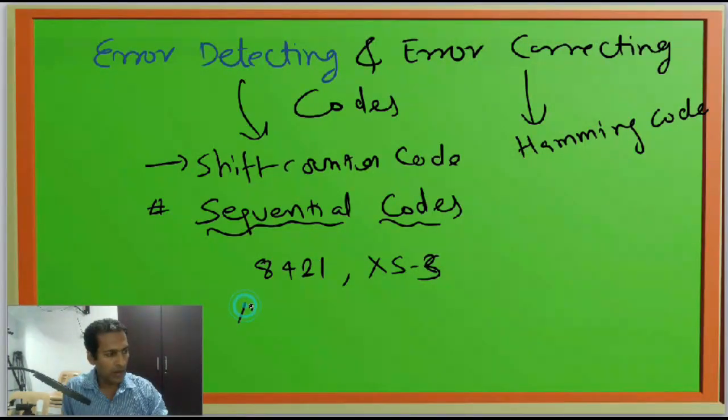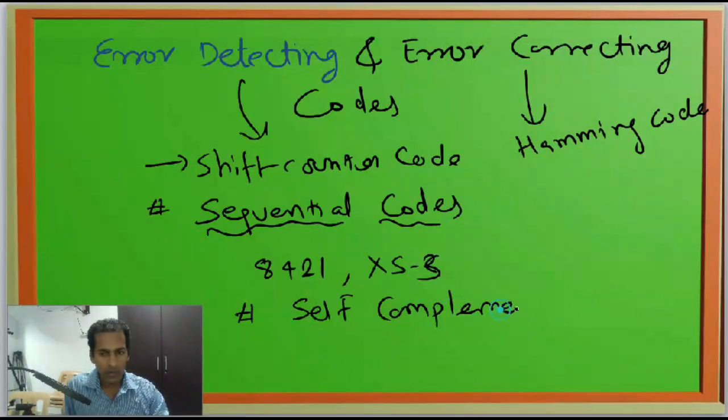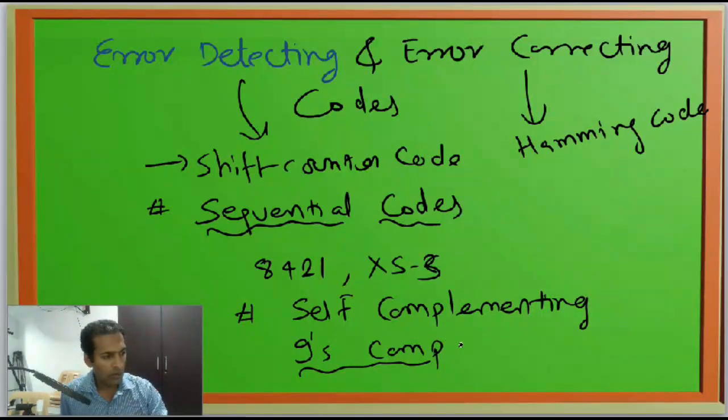Then there will be self-complementing codes also. A self-complementing code is one in which the code word of the 9's complement of a number N, that is 9N, can be obtained from the code word of N by interchanging all the zeros and ones.